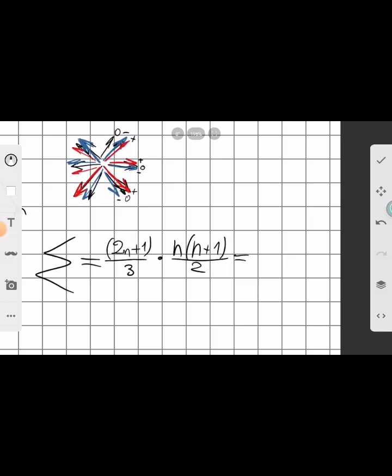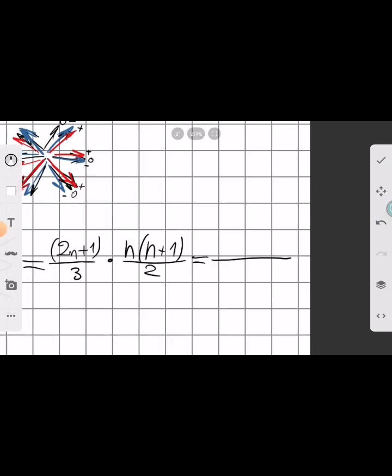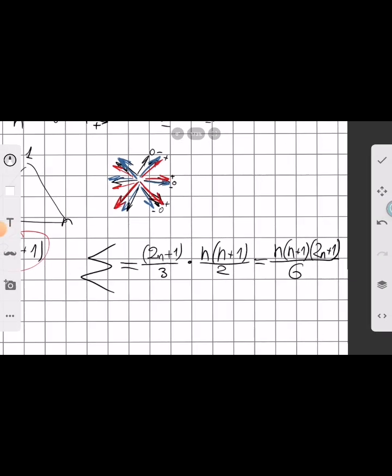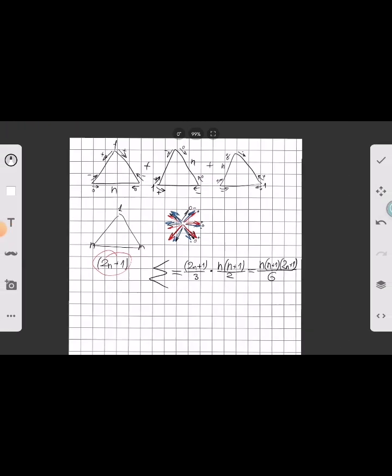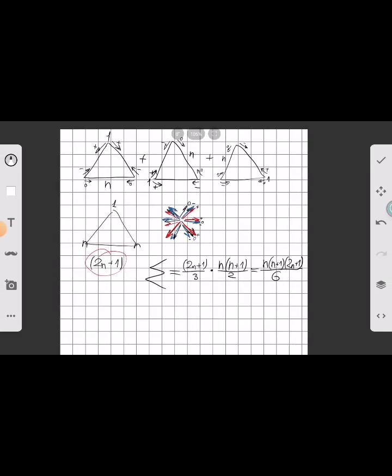And like so, we get our division by 6. We get our n times n plus 1 times 2n plus 1. Exactly like so, we end up with this formula without using any induction.